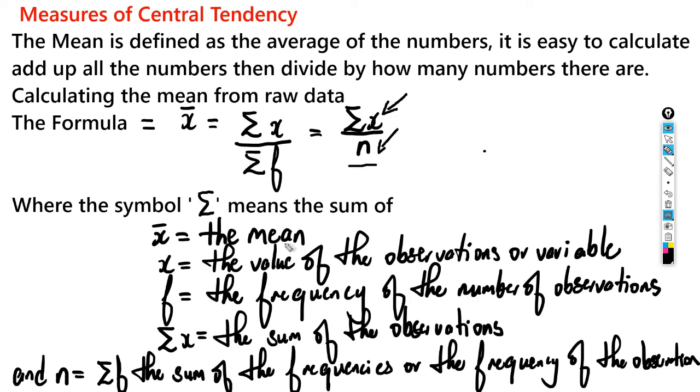Where the symbol, this E looking symbol, means the sum, x bar is equal to the mean, x is equal to the value of the observations or variable, f is equal to the frequency of the number of observations, the sum of x is equal to the sum of the observations, and n is equal to the sum of f, which is the sum of the frequencies of the observations.